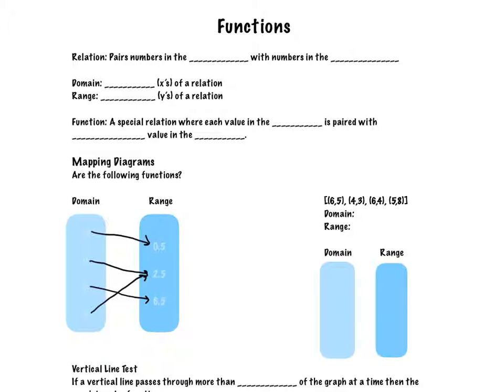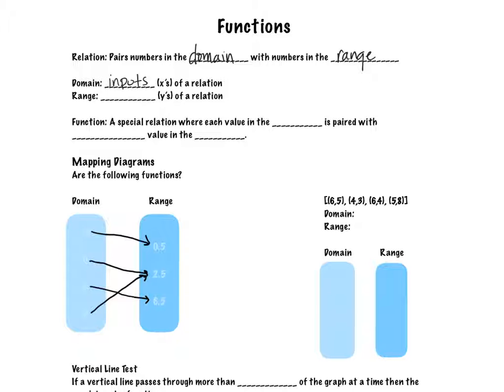So we have two sets of specificity for things. A relation is just anything that pairs numbers in the domain with numbers in the range. These may or may not be a function, but they are going to be pairing numbers together. We've talked a little bit about domain and range already. Remember, domains are my inputs.